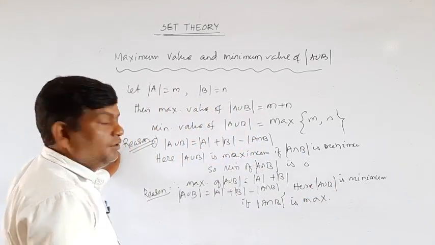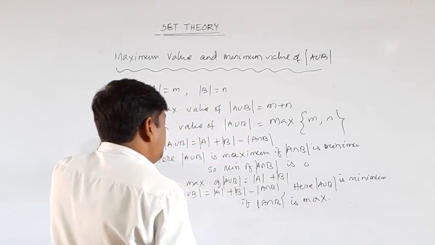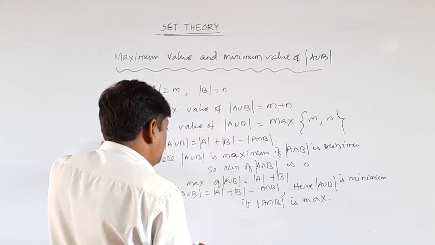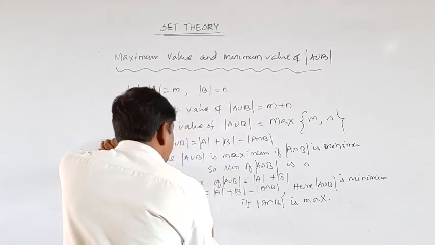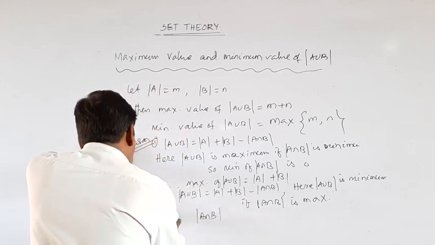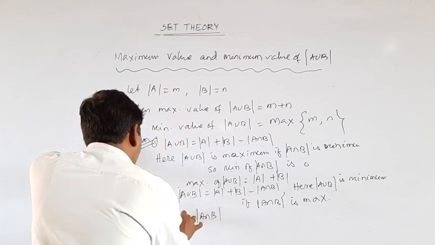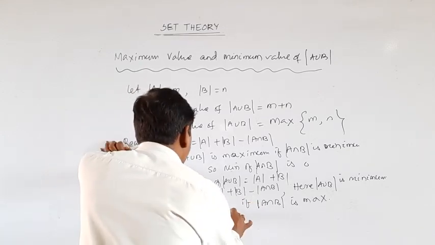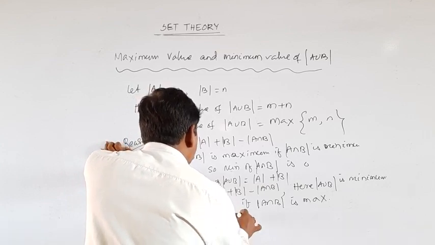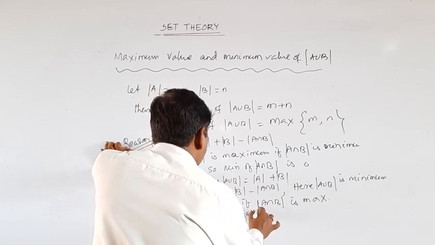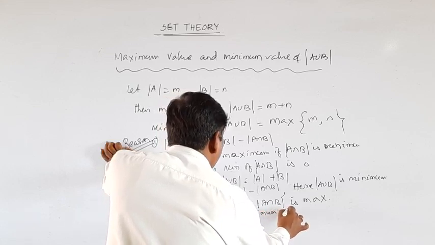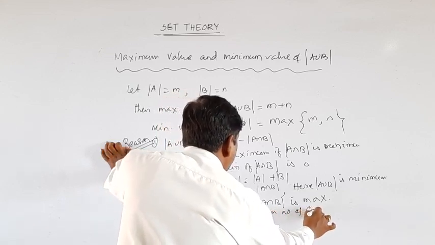So A intersection B is maximum, that is the number of common elements. The maximum of A intersection B is the maximum number of common elements.